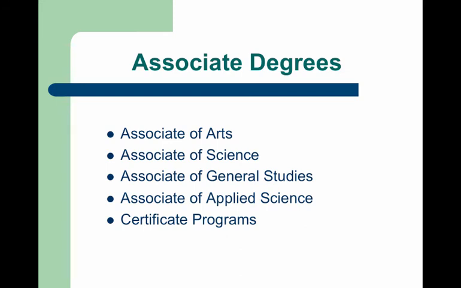Now, if you want to get an applied science degree in addition to one of your certificates, you have to have either a 2-year certificate program completed or 2 1-year certificate programs completed. HVAC is a 1-year program. You could do that and the electrical, another 1-year program. Or we have auto tech. Those are 2-year programs. So you only need to finish that plus your 17 hours of gen eds, and you could have an associate applied science degree. And what that could do is potentially bump you up on the scale as far as pay.